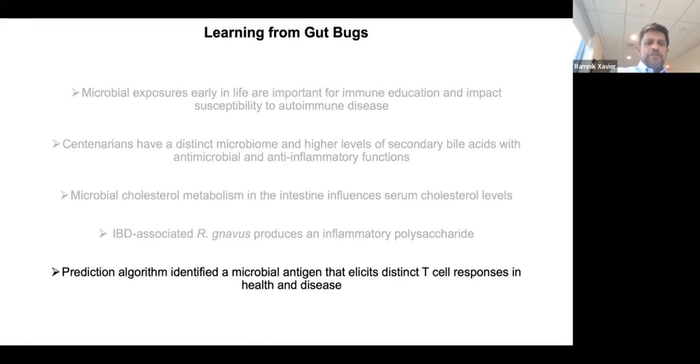Then I've given you a few vignettes about how the microbiome impacts the risk of autoimmune disease, how it may maintain health in centenarians, something that we could build on, and then three examples of the effects of bacteria on cholesterol, and one might be the start of a therapy for people with high cholesterol levels.